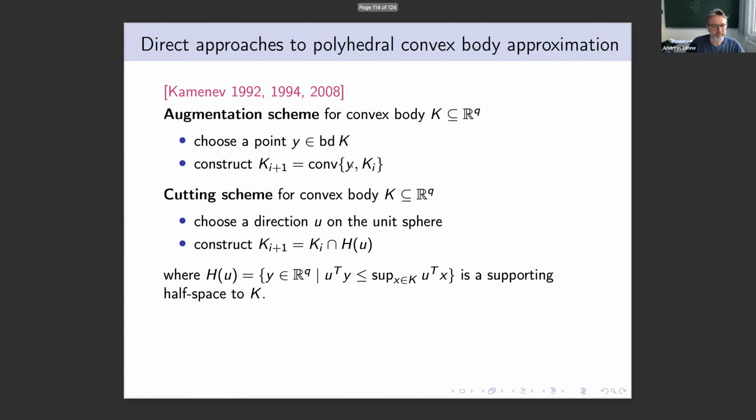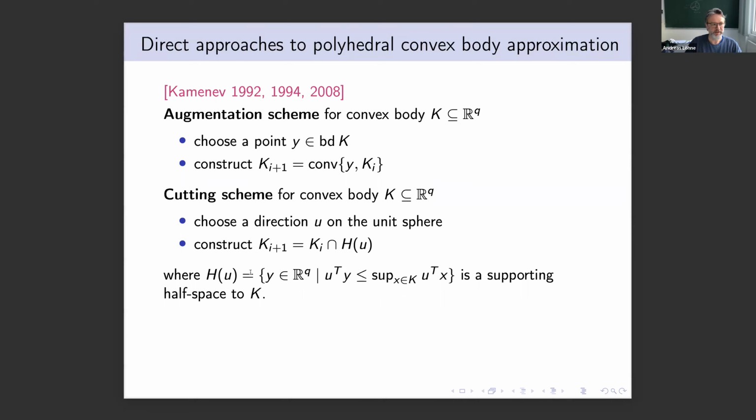And the second scheme is the so-called cutting scheme for a convex body. Here we choose a direction on the unit sphere, and the new approximation is constructed from the old approximation intersected by a half space, and this half space is computed by using the support function.